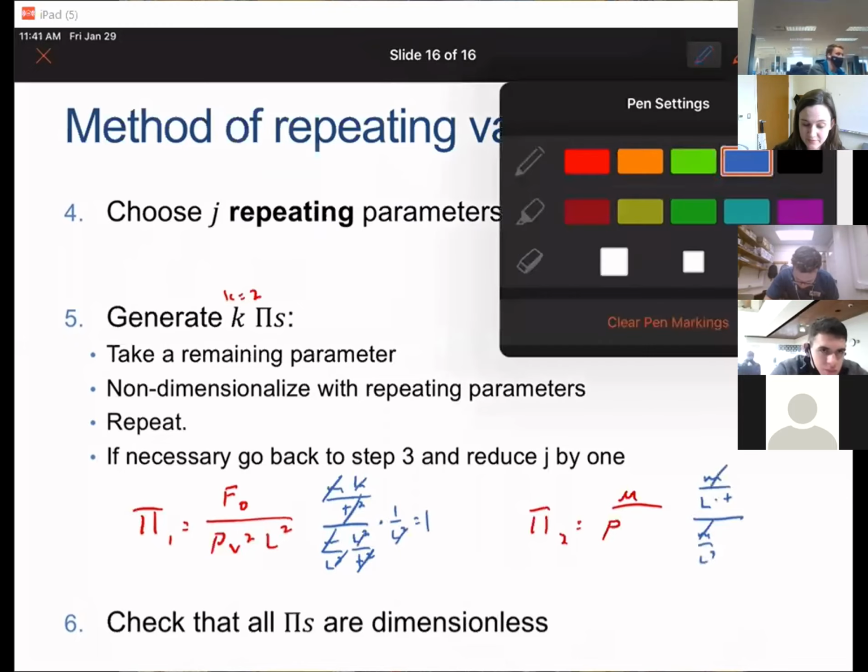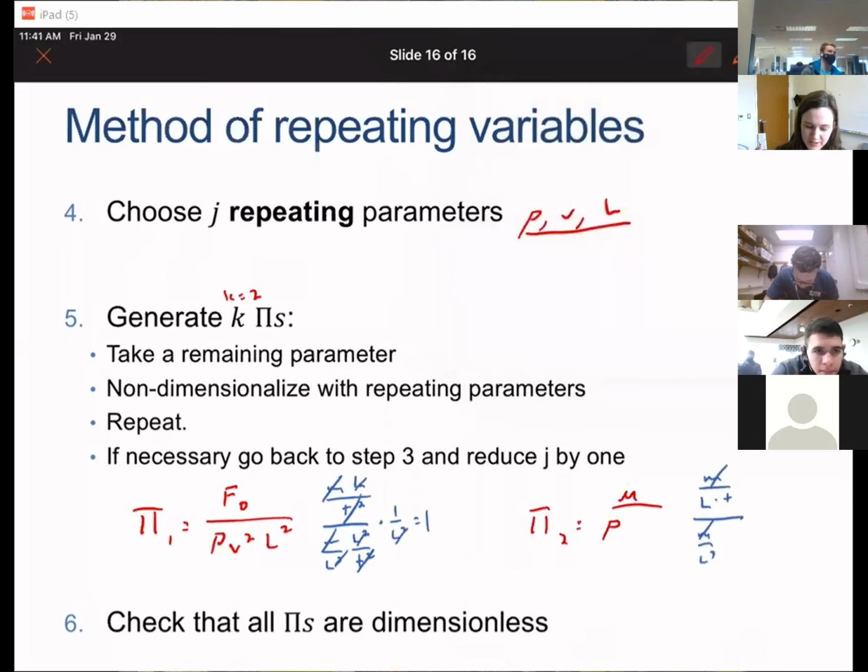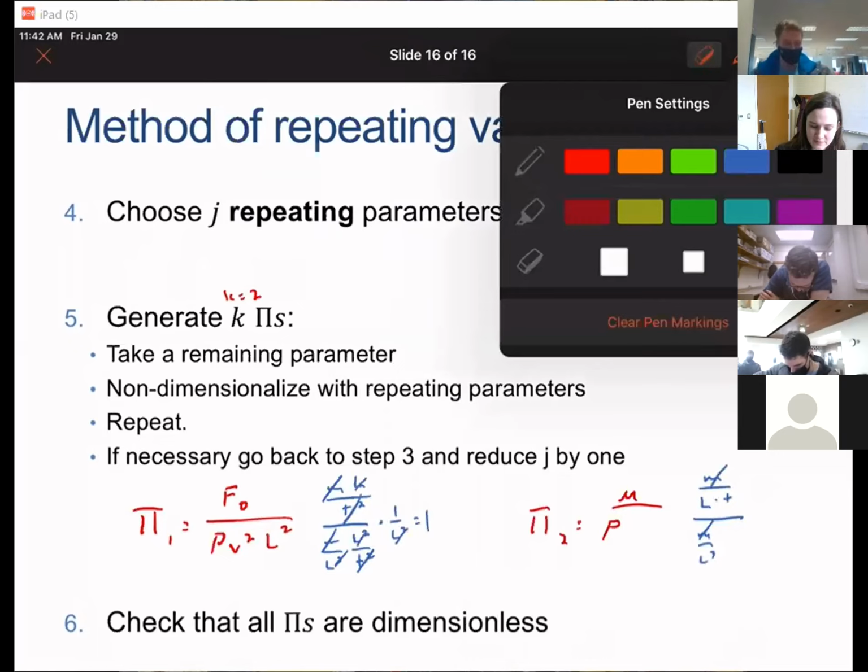Now we should probably get rid of the time, just like we did before. So how do we get rid of that time? Multiply by velocity. If we multiply by the velocity, it will be length over time, so those won't cancel. So divide by the velocity.